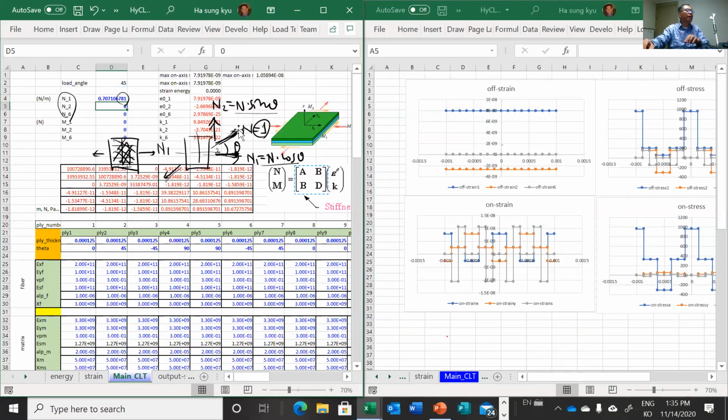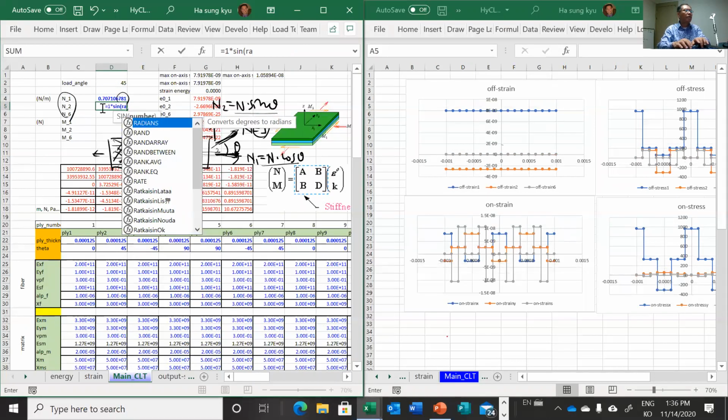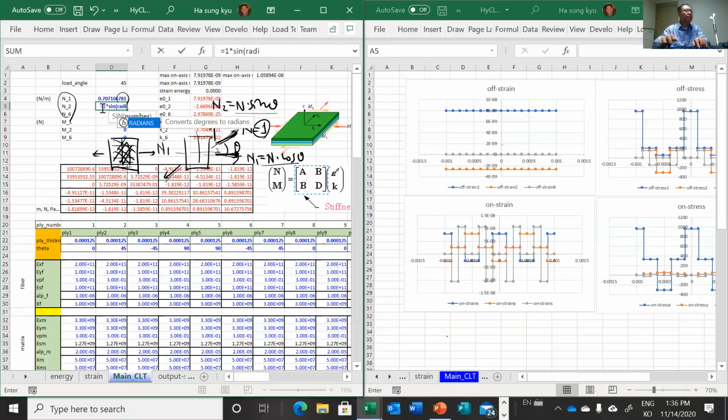And N2 has to equal 1 times sine, radians, of this angle.